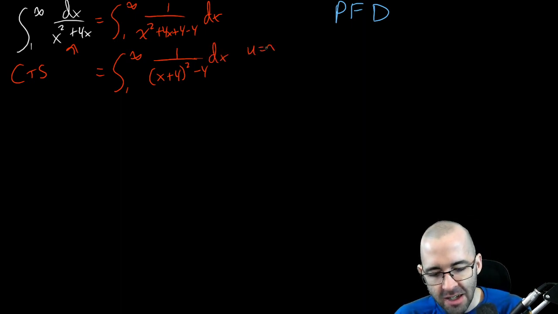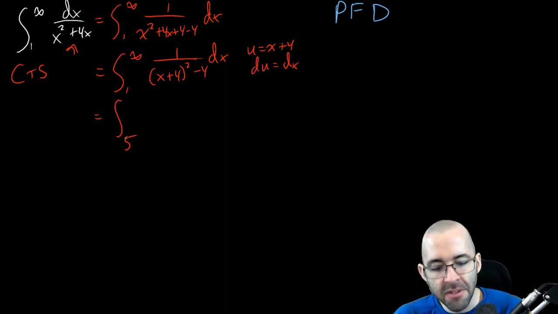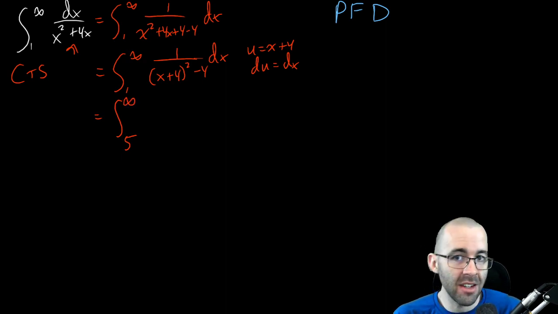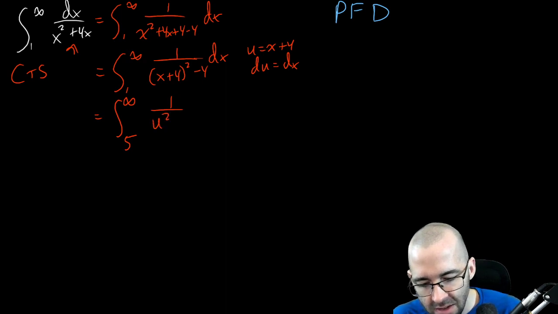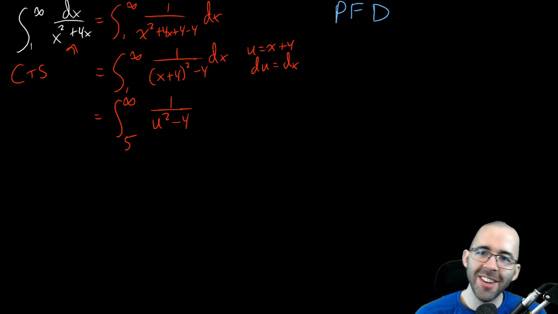And then we say u is x plus 2, so du is dx. We get the integral from 3 to infinity of 1 over u squared minus 4. Oh, it's not a plus anymore.